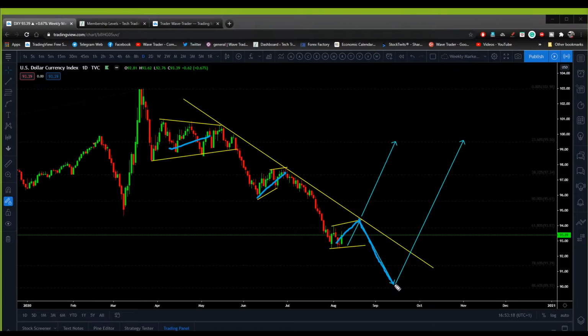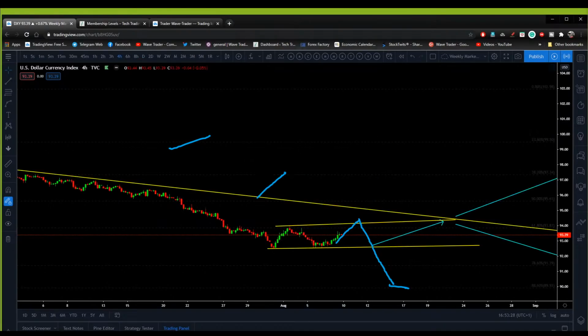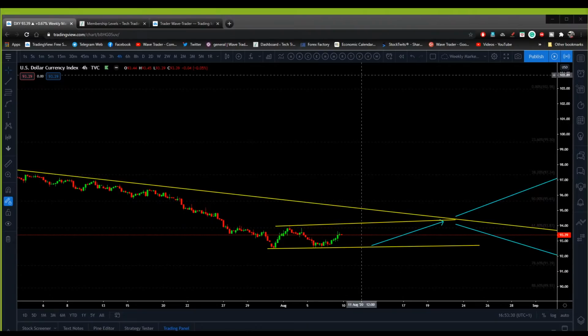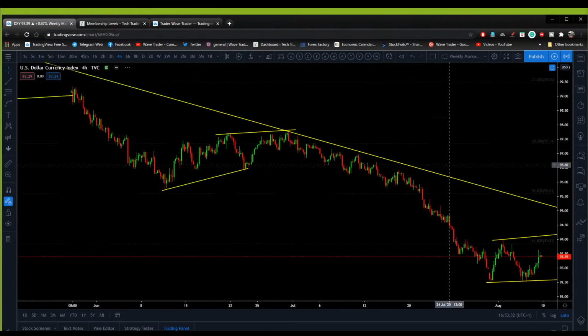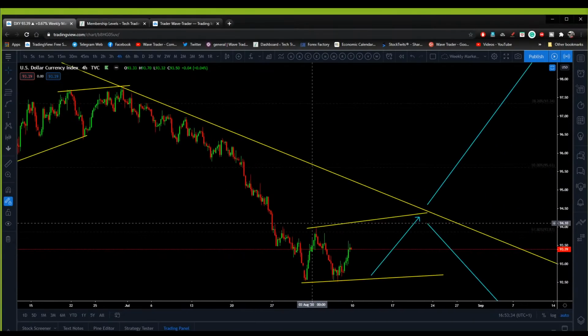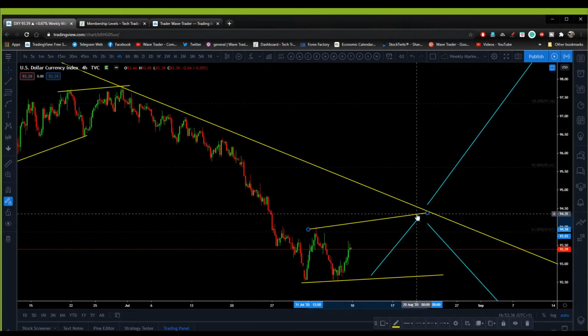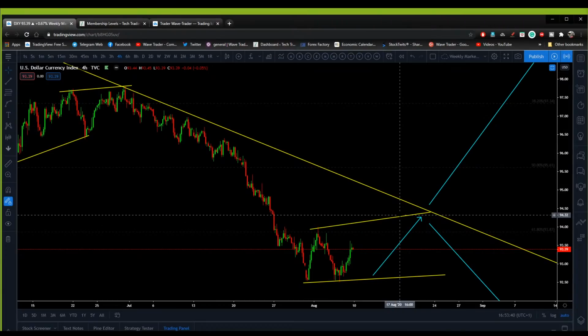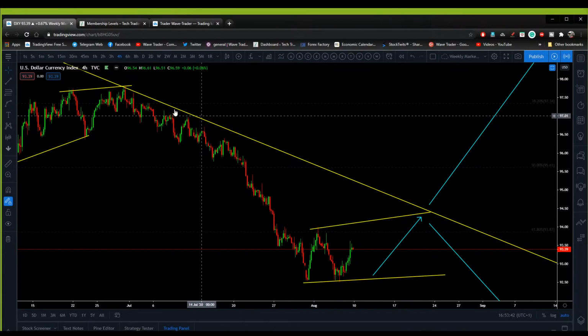And then from the previous lows, bounce back for reversal. So a kind of neutral analysis we're going to have on the market this week. Major assets are trending and setting up a reversal or going into correction for more downside or more upside.